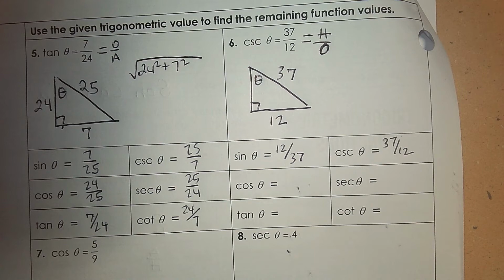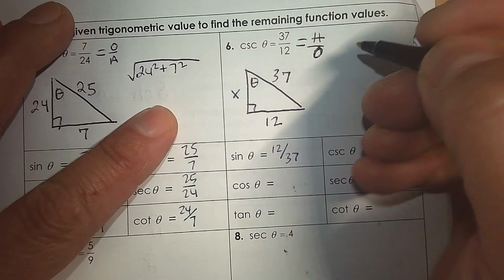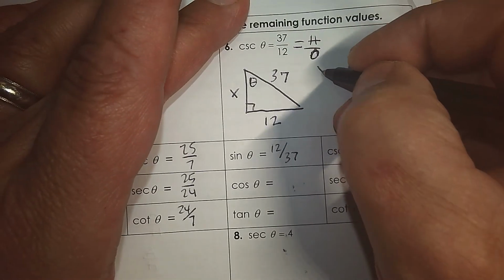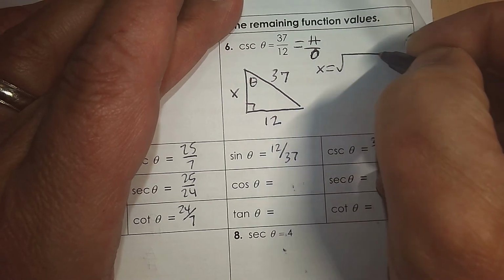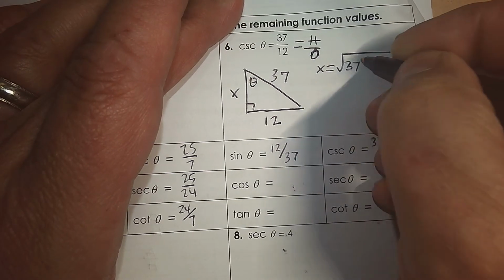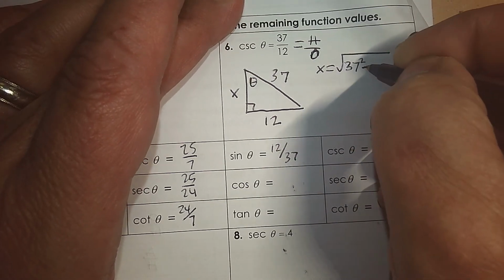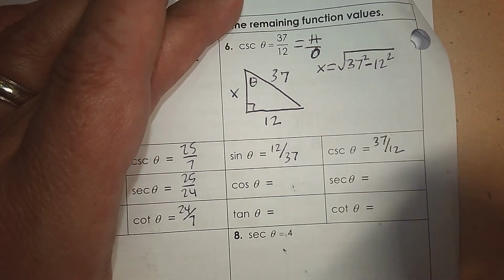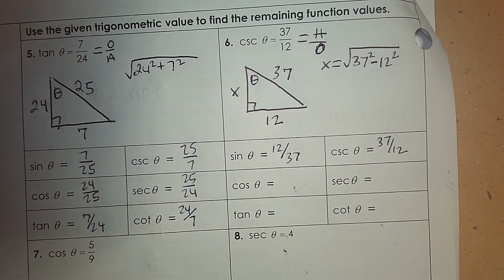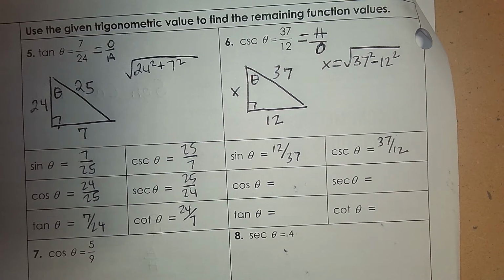What's missing is the adjacent side. We're going to use the Pythagorean theorem. It is the square root of 37 squared subtract 12 squared. So when you're looking for a leg, you're not adding, you are subtracting. If you're looking for the hypotenuse, you are adding.